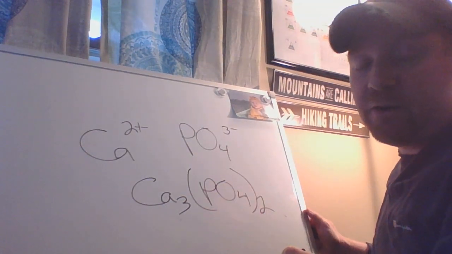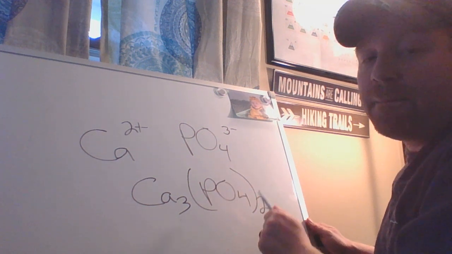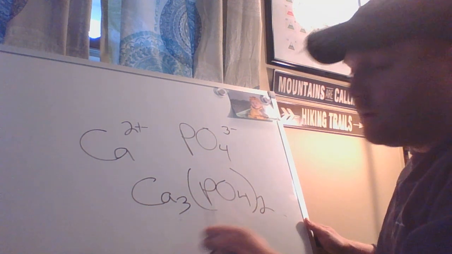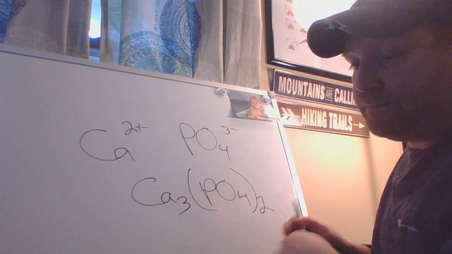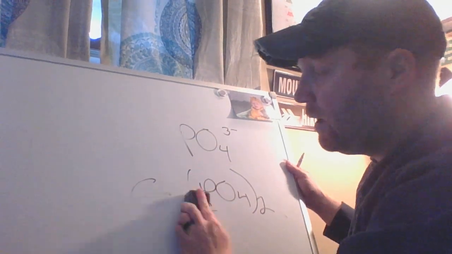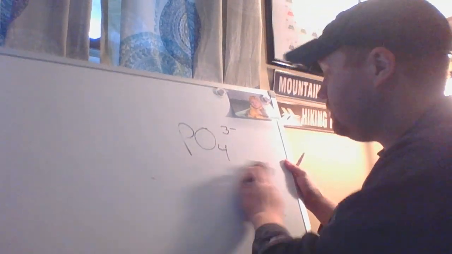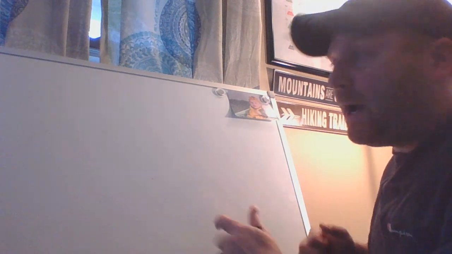They don't get much harder than that. You're balancing charges, parentheses only if you need more than one polyatomic ion. You'll never see parentheses around an individual element that has a subscript. Last one, I'm going to include a transition metal. Let's do the copper 2 ion.